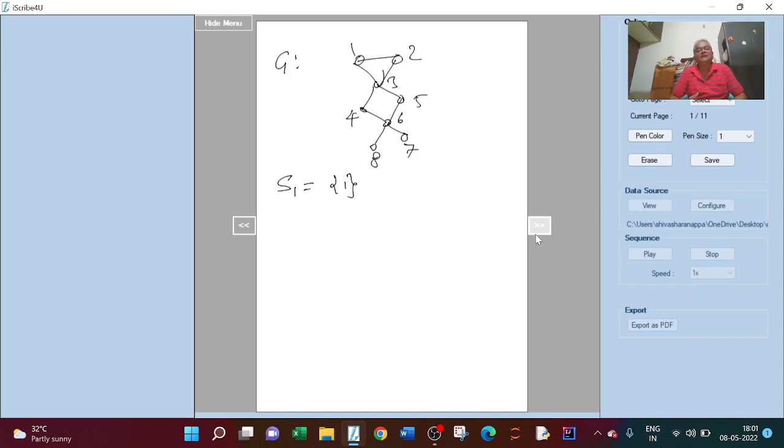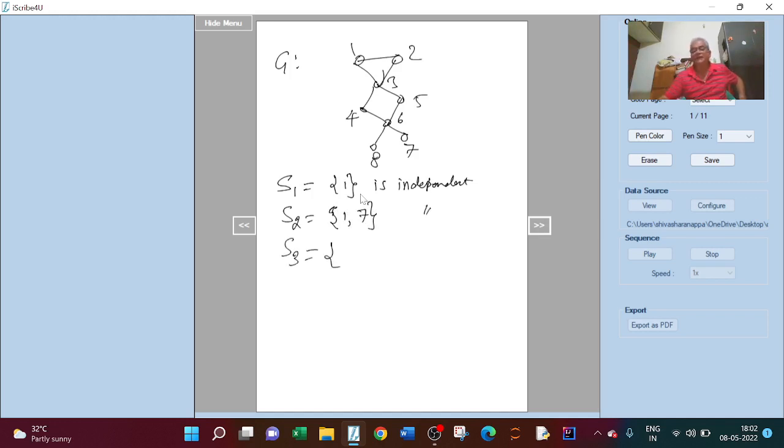Every singleton set of vertices is always independent. And if I take S2, if I take 1, 7, is this independent? Yes, because 1 is not adjacent with 7 here. So no two vertices in S2 are adjacent. Therefore, this is also independent.